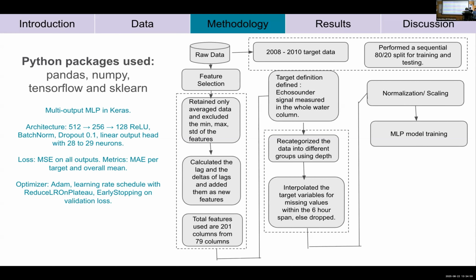When you have different depths, you don't really want to predict depth 100, depth 99, depth 98 separately, because these will be correlated. So it doesn't really make sense to predict the zooplankton migration at every particular depth.